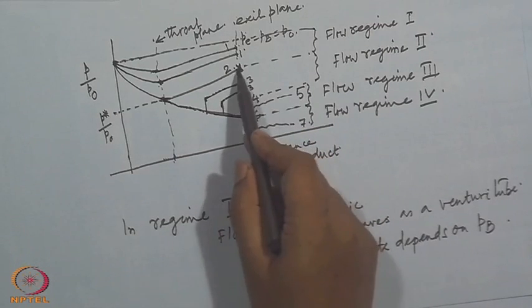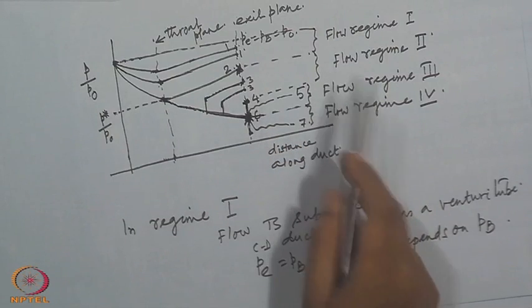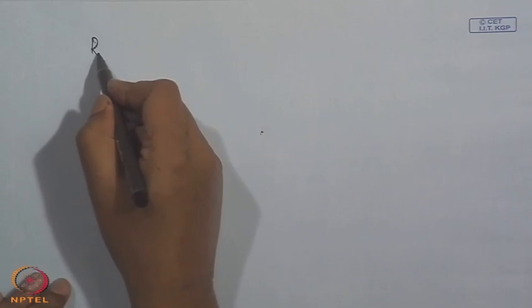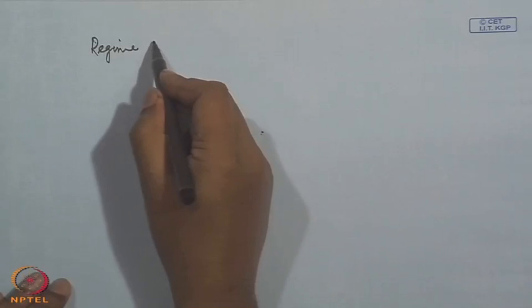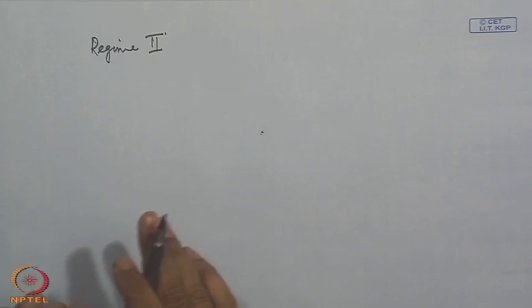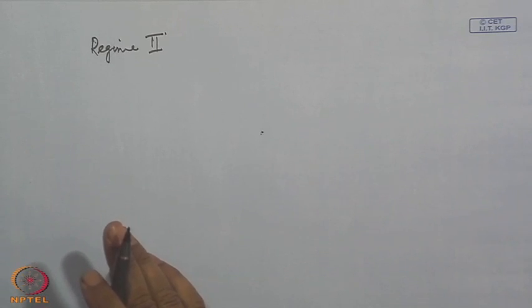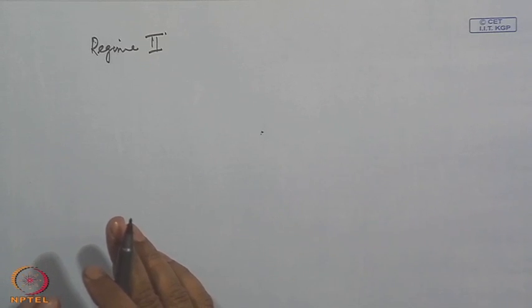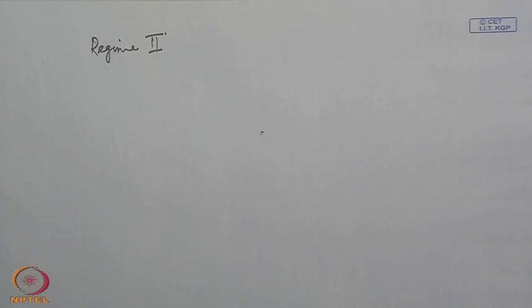Now, between this level 2 and 4, which we are calling regime 2, the flow downstream of the throat accelerates to some supersonic flow and then decelerates to a subsonic flow through a normal shock, and further downstream pressure gradually increases to reach the back pressure at the exit plane.